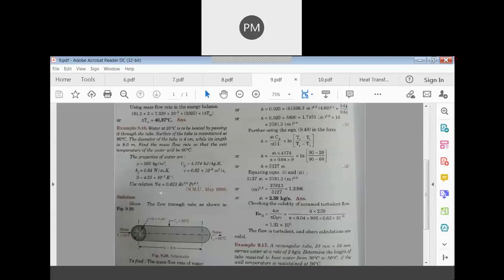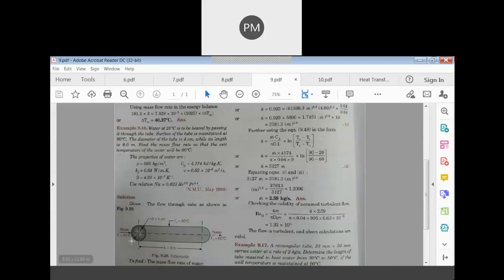In the problem they have told that use this relation. Nusselt number is nothing but 0.023, Reynolds number to the 0.8, Prandtl number to the power of 0.4. Actually, what is this equation? This is nothing but Dittus-Boelter equation only. So they have told that water at 20 degrees Celsius is to be heated by passing through the tube. Surface of the tube is 90 degrees Celsius.